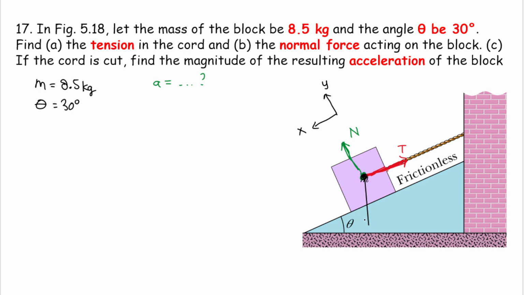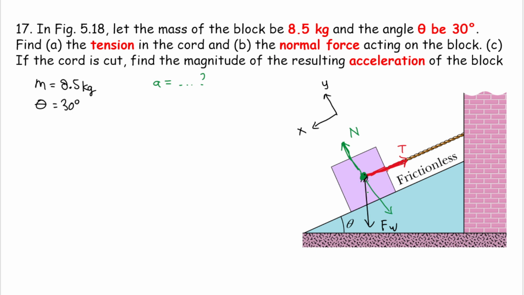And this is, let's name this one FW, the force by the weight of the block. However, it is not in the direction of the X and Y axes. So we need to project it onto the X and Y axes. So we will have to project it onto the Y axis first here. Okay, so we will have this one here.